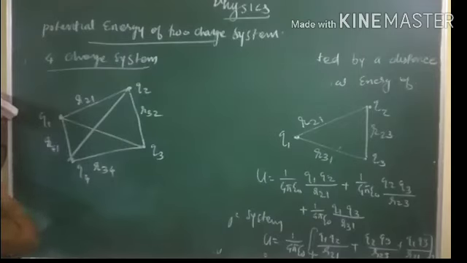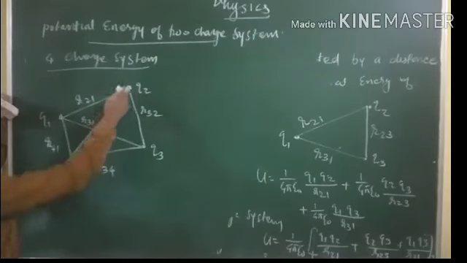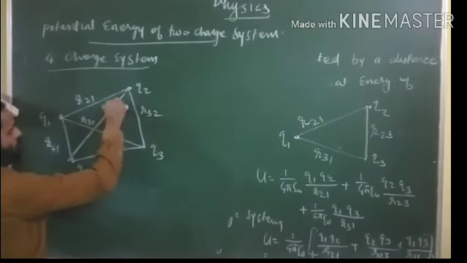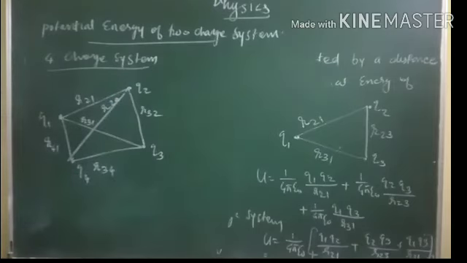And for these two diagonals, this distance we can mark R31, and this distance we can mark R24. Okay, so these are the distances and the charges. So see students, clearly we have to mark the distances and we also have to mark the various charges.